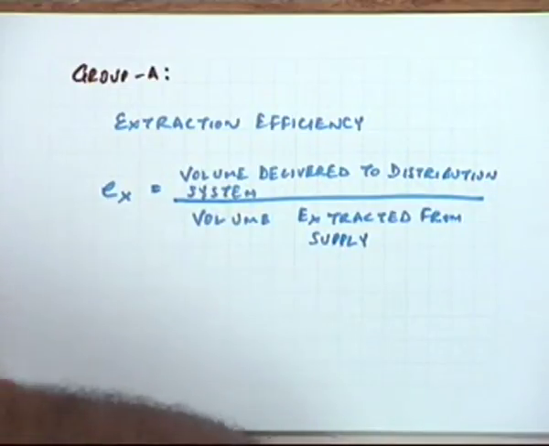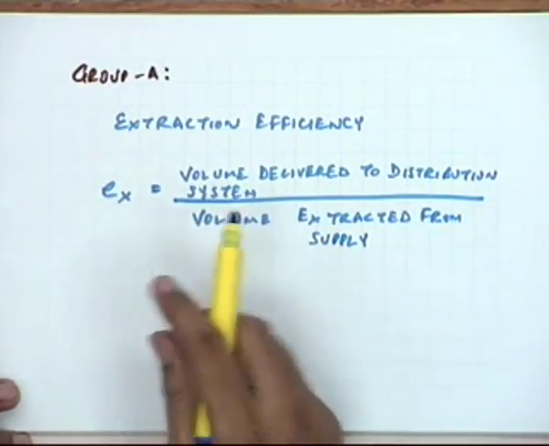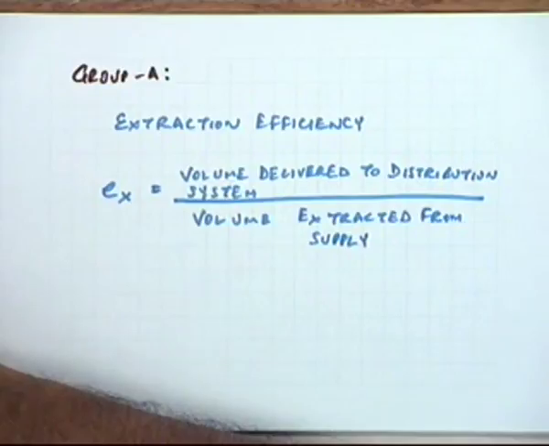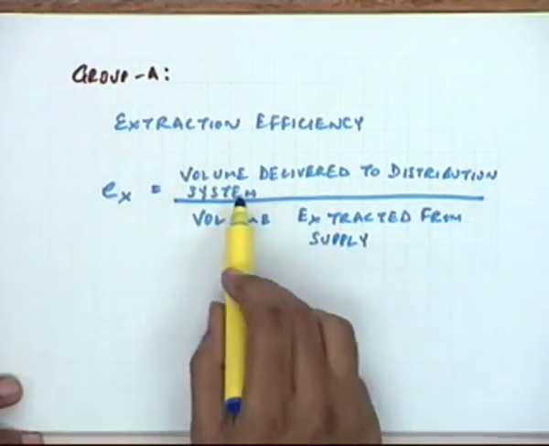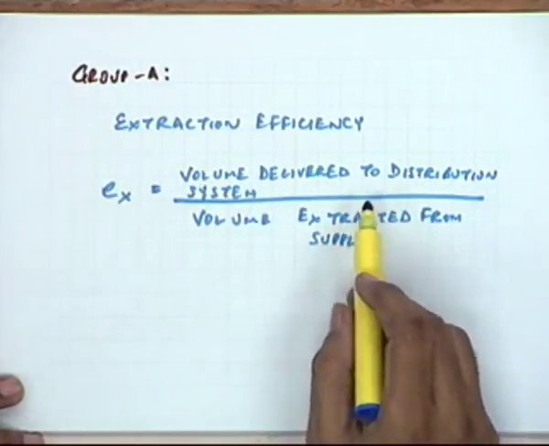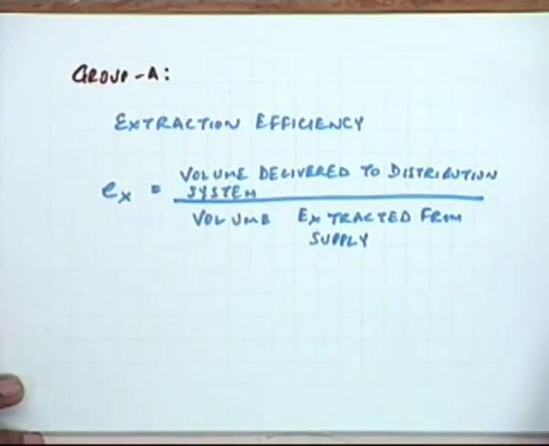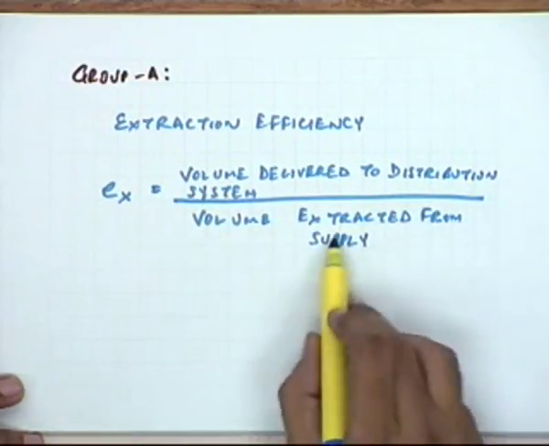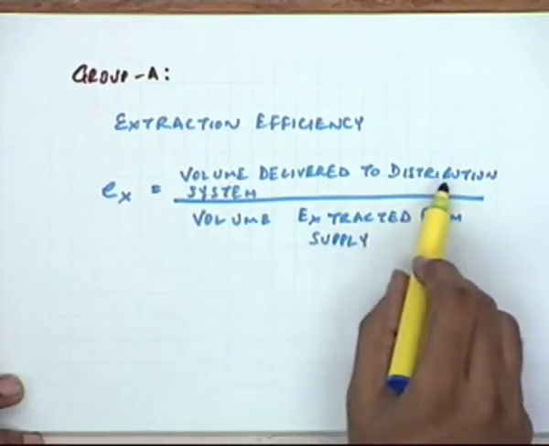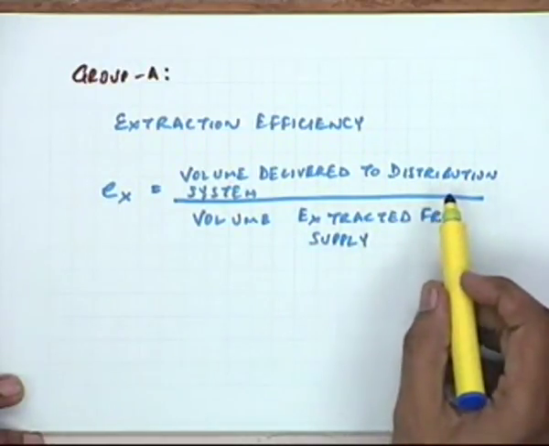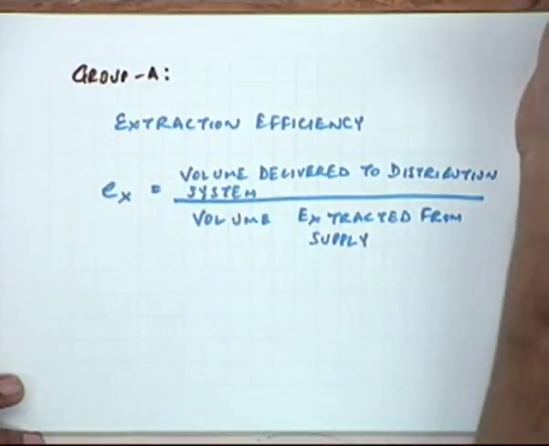In this case, what is reflected is how efficiently you are extracting the water which you are going to use. Suppose there is a reservoir. Now from the reservoir you are releasing some water to be tapped at some lower level where you have the distribution system, or at a level in the canal.